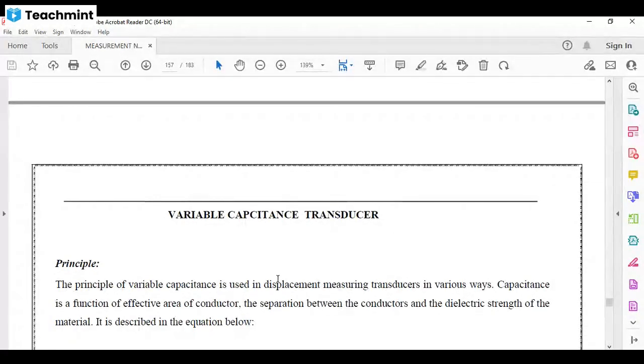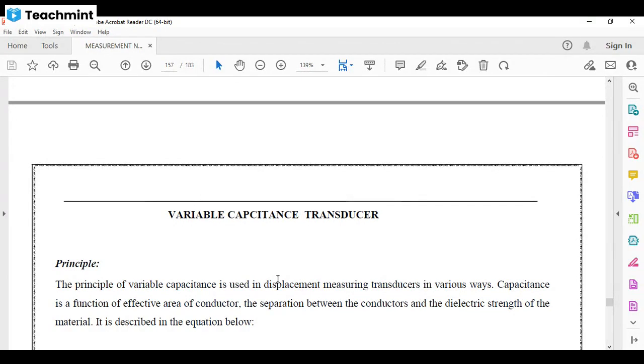Okay, let's start. The last part is the capacitive transducer, which is the variable capacitance transducer.